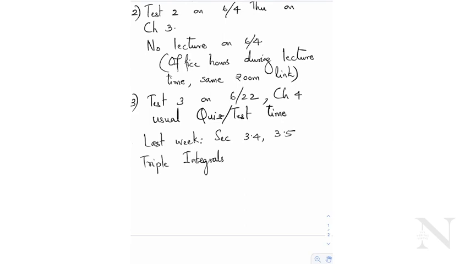For any solid region S, the triple integral of any given function f of x, y, z on that solid region is done in an iterative process, done inside out. And if this function represents the density, then this is the mass of the solid.